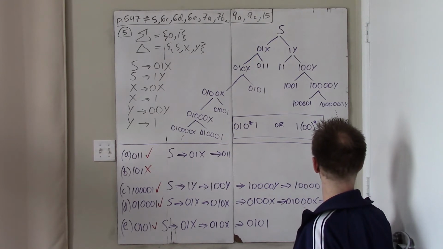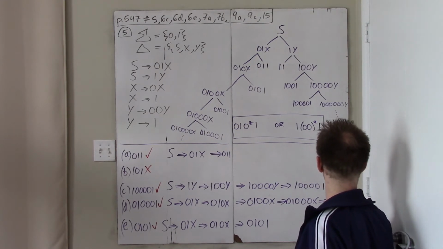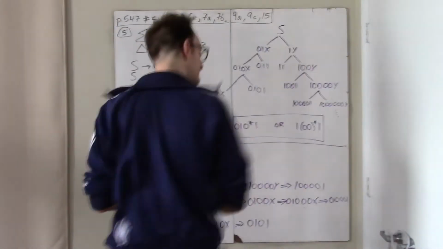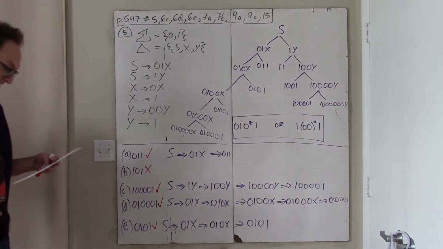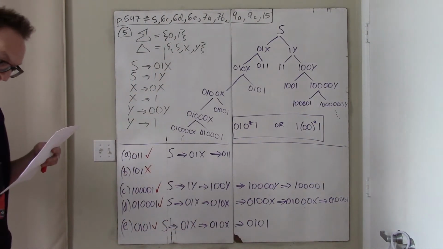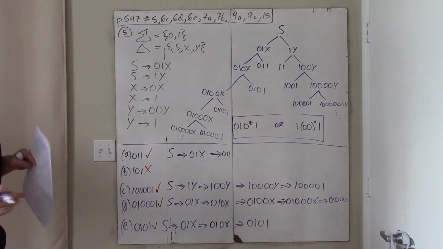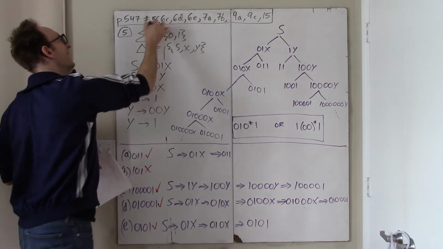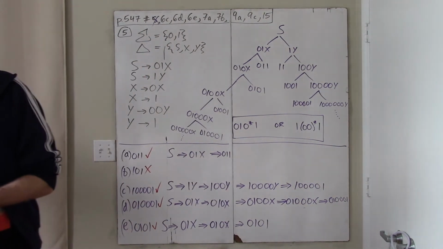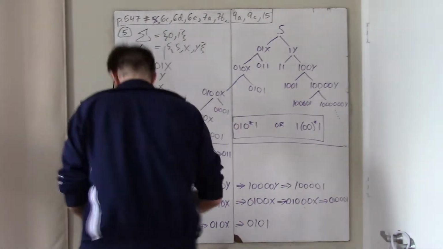And there it is. Okay, good. So yeah, 1, 2, 3, 4, 5, 6 steps, 5 derivations. That's one number down. More to go.